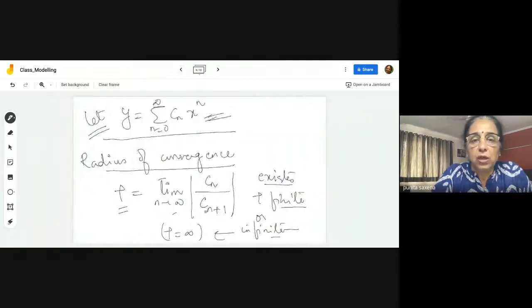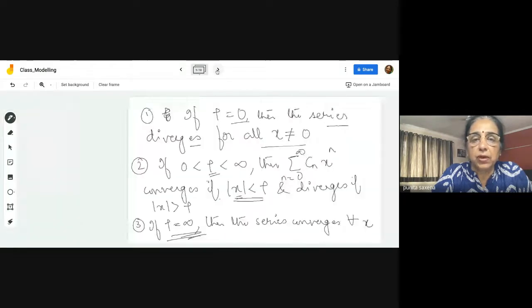And what is rho? The limit of the modulus of Cn upon Cn+1. Okay.